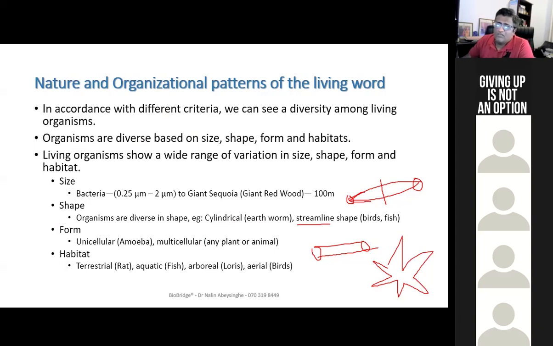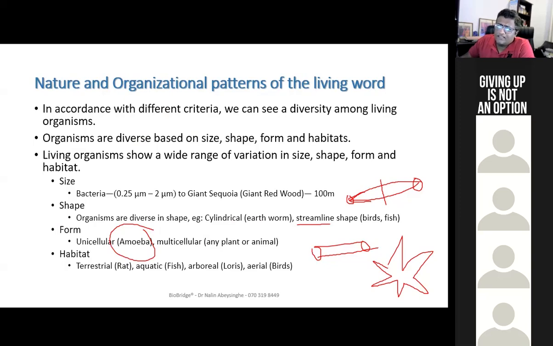Then the form, how the body is formed, the arrangement of cells, right? Unicellular organisms. There are so many unicellular organisms. One is amoeba, right? Bacteria are unicellular organisms.